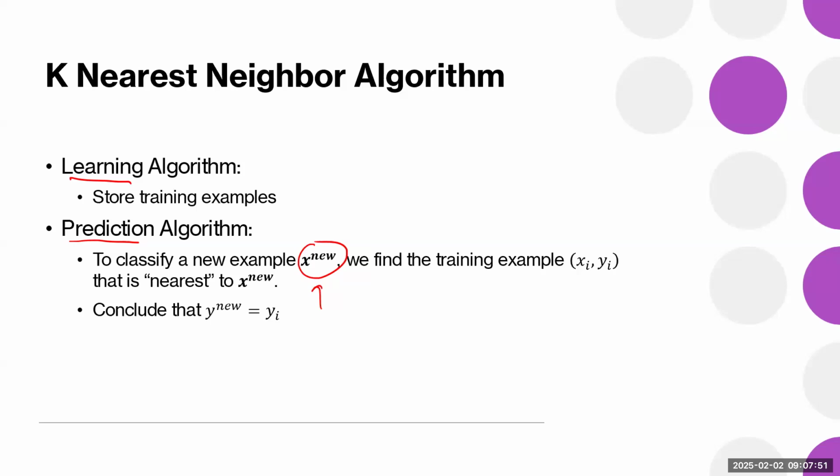You can think of each data in the database as a point in space, and when you see new data, it's going to be a new point in space. And so you just find the nearest one, and then we make a conclusion that whatever the data that is nearest would share the same label. So the prediction is quite straightforward. You find the nearest training example, and then you just say that it's the same label.